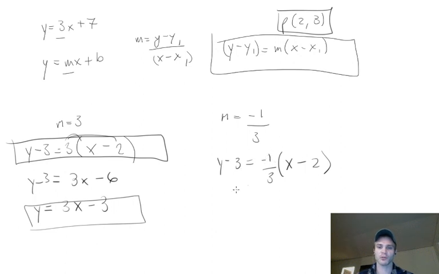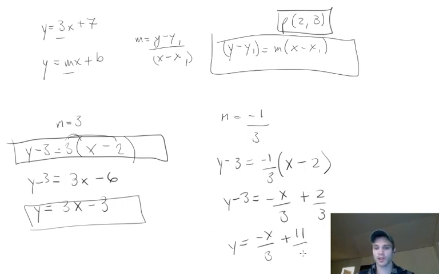We'll distribute the 1/3, and we get negative x over 3, and then negative 1/3 times a negative 2 is a positive 2/3. And then we add 3 to both sides, we get y equals negative x over 3, and then plus 3 is 9/3, plus 2/3 is 11/3.